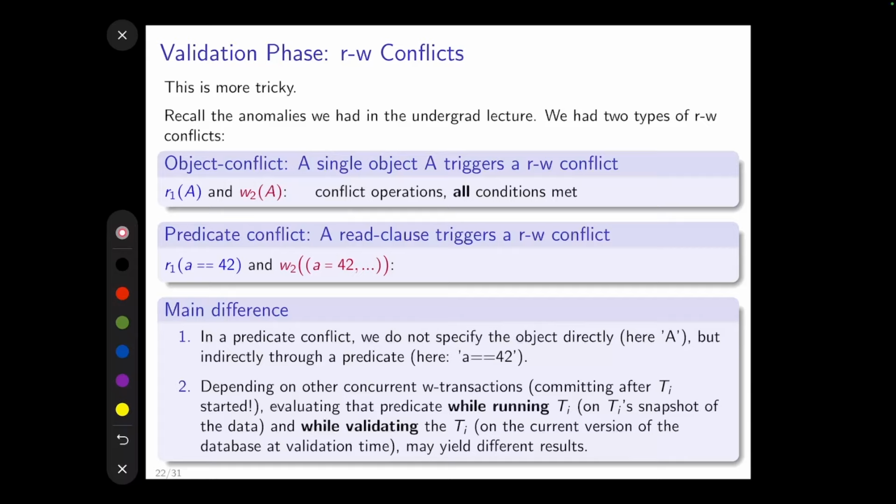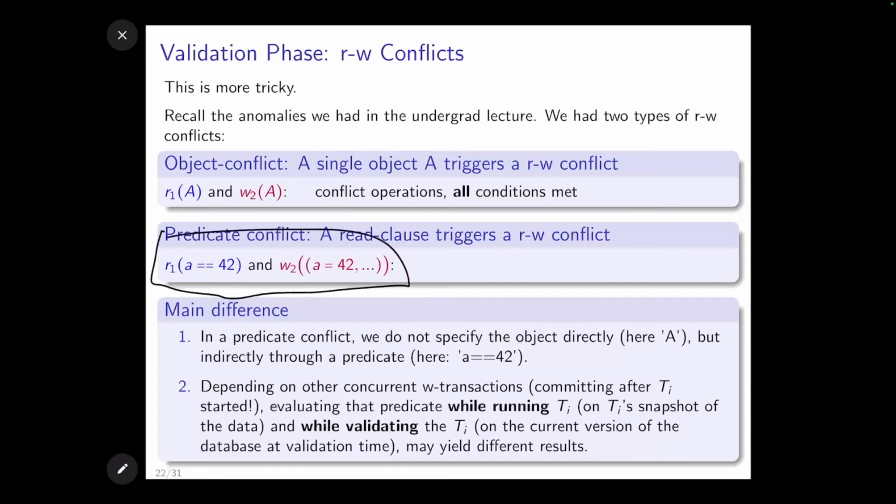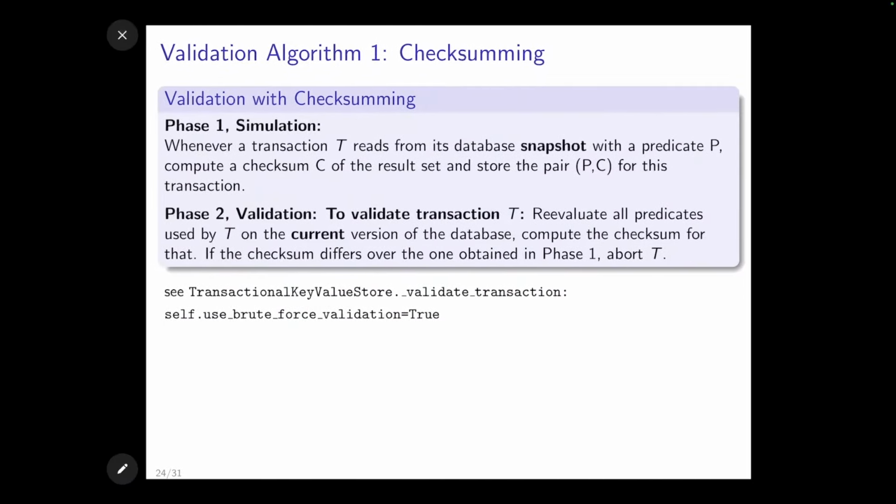You just say, I want all objects where the A attribute is 42. That may be 0 to many objects, and this is still reading those objects. So on that level, you can still have a read-write conflict. This leads, as we discussed in the undergrad lecture, to what's called a phantom problem. Okay, so much for the repetition.